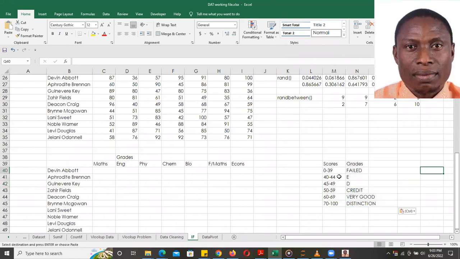If the person scores between 0 and 39, we call it failed. 40 to 44, let me change it to pass. Let's call this one fair. Let's call this guy good.